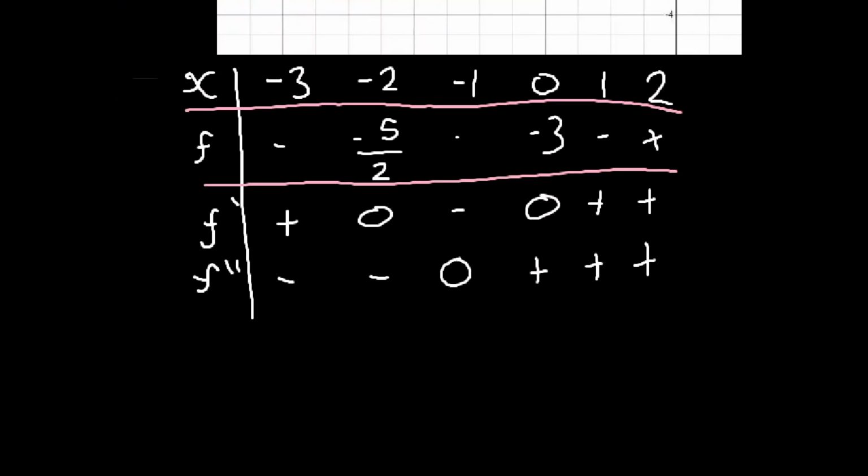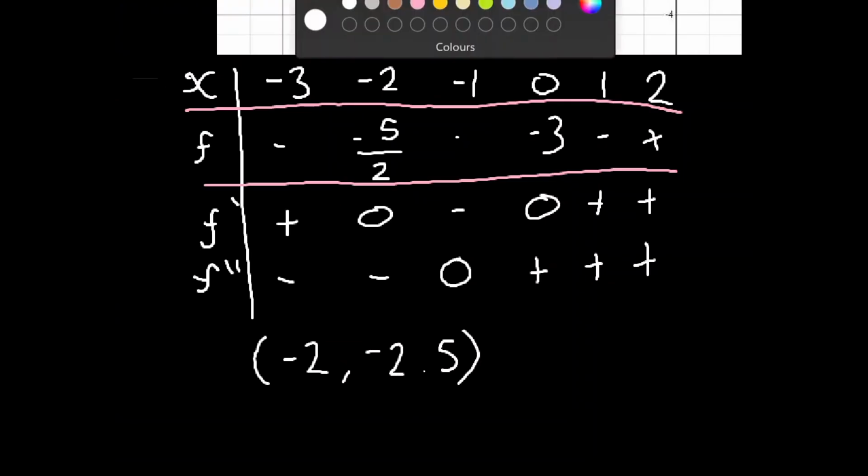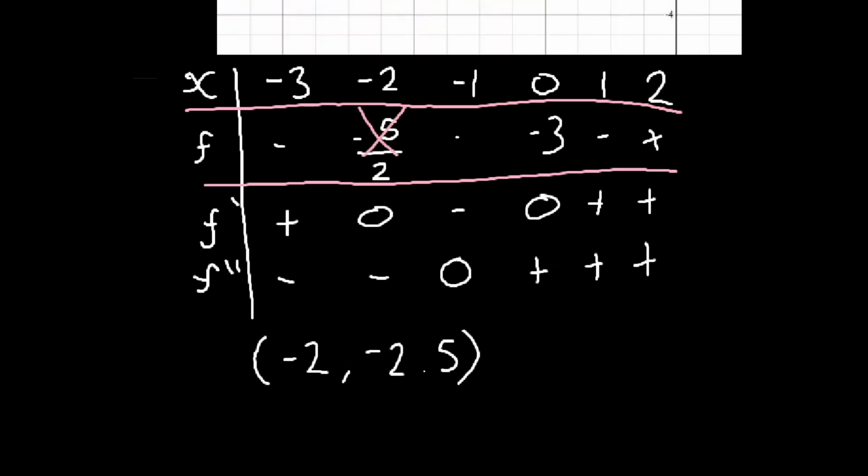And that is that when x is equal to -2, f of -2 is equal to -5 divided by 2, which is another way of saying -2.5. Okay, so we can tick this one off.